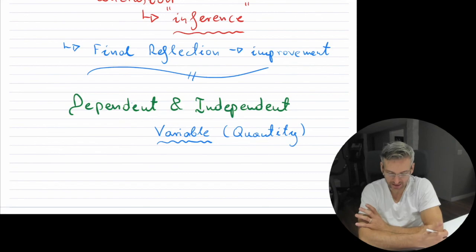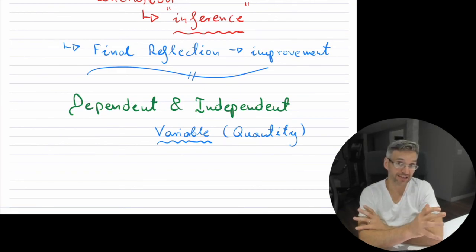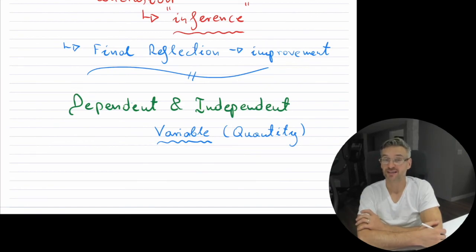So now, what's the difference between dependent and independent? If you're a student, you're most likely a dependent. You're depending on your parents or your guardians or somebody else to take care of you. I know that people in high school or elementary school, as you're growing up, sometimes think I don't really need my parents or guardians to help me. But at the end of the day, you're dependent on them.